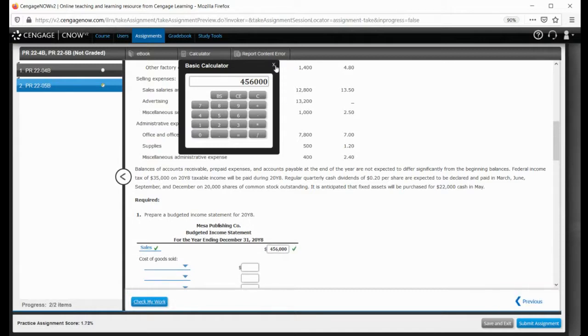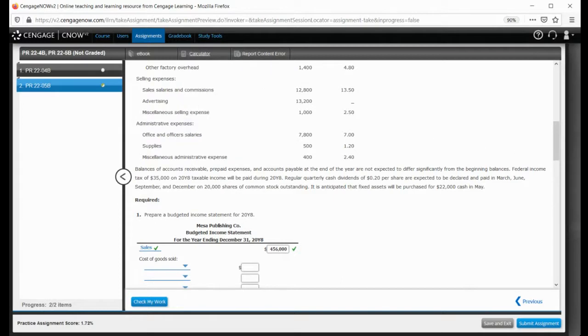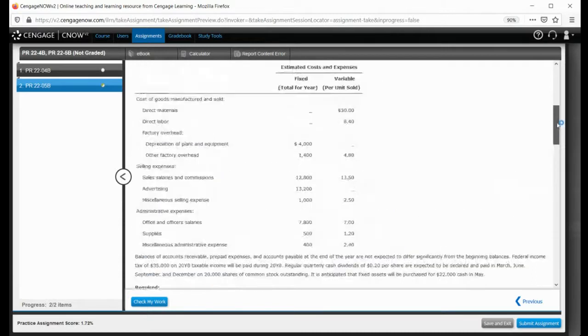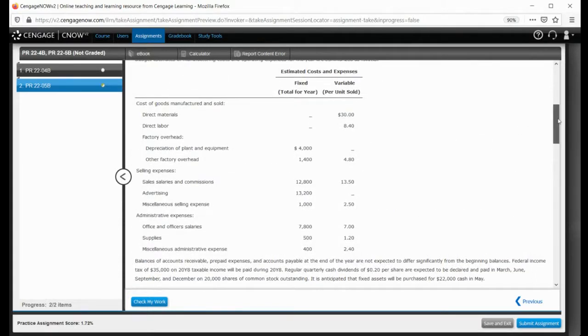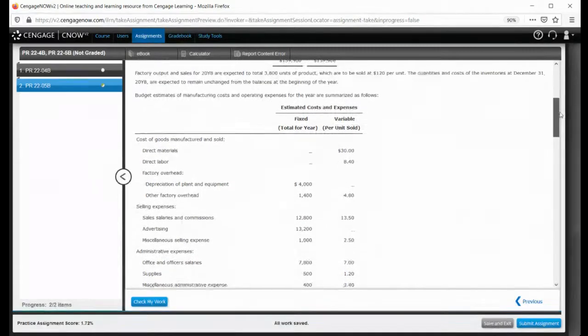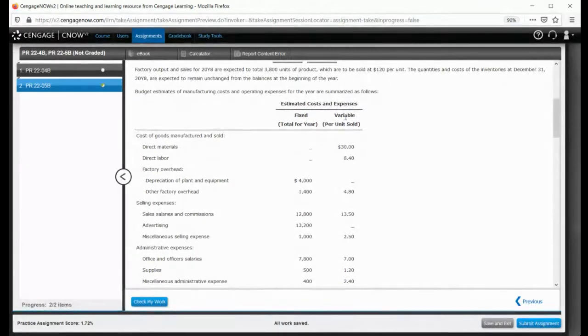For your cost of goods sold, the cost of goods sold is going to be basically the cost of your goods that have been manufactured. And if you'll notice in your information, they have estimated costs and expenses that are given to you for the cost of goods manufactured. And they're going to be made up of direct materials, direct labor, and factory overhead.